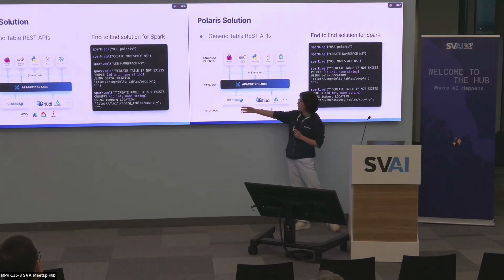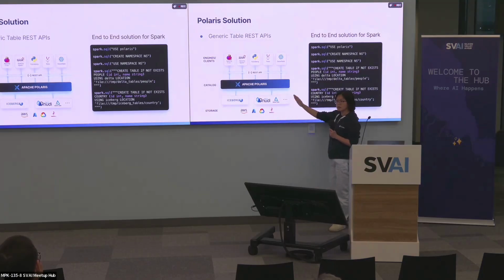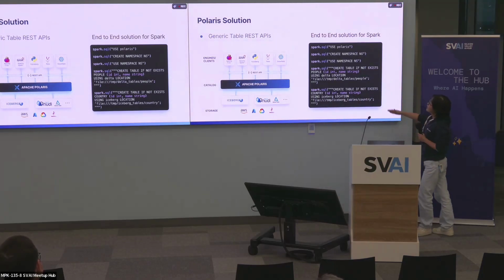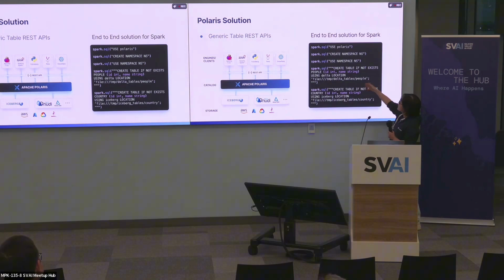It is able to manage Iceberg, Hudi, and Delta tables on all different storages. We also provide an end-to-end solution to work with Spark and the Polaris service. You can just start your Spark session and manage your Delta tables, Iceberg tables, and Hudi and Lance tables together within the same catalog service.